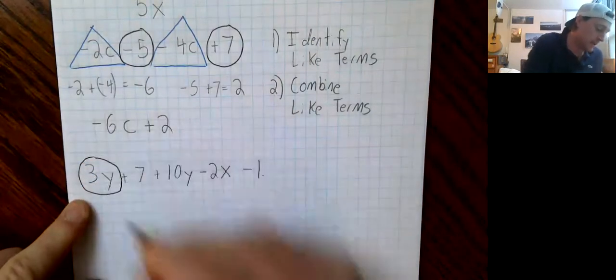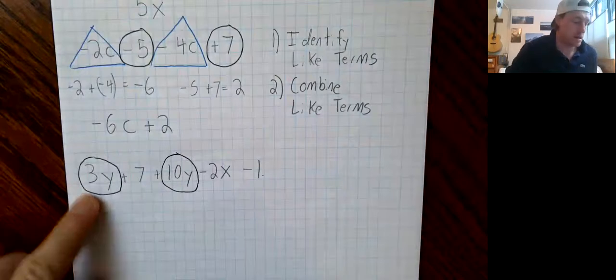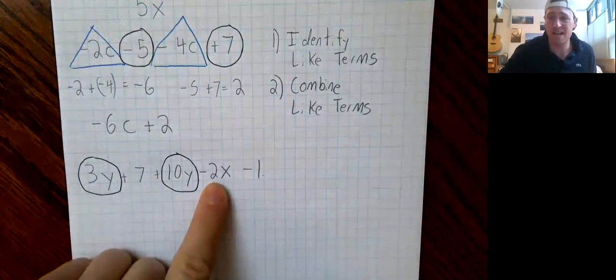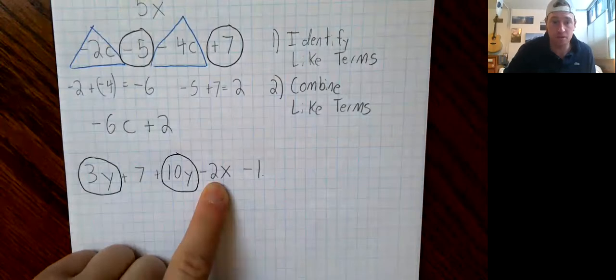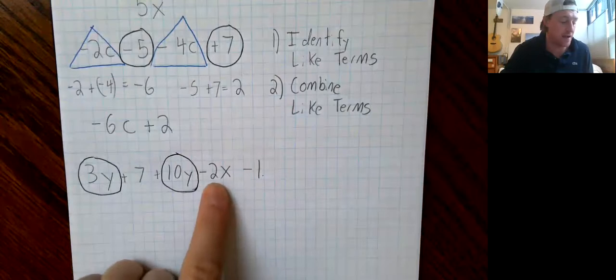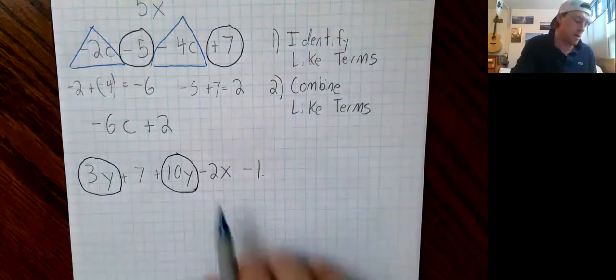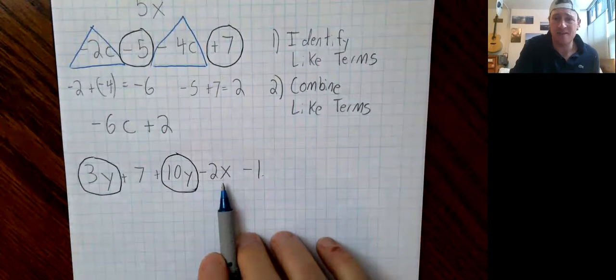I'm just going to circle them. 3y and 10y. Now, is 2x a like term? No, it's not. It needs to have matching variables. These variables do not match. I got a y and an x, so I cannot combine them. So I'm not going to identify this x with the y's. I'm going to leave x as it is because I have nothing that I can combine it with.